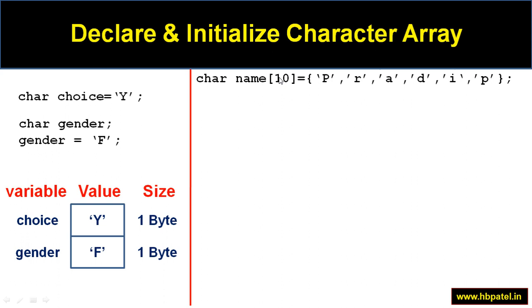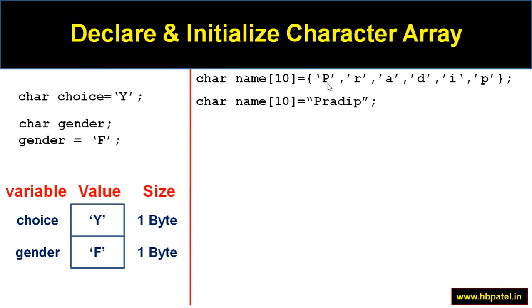And how do I initialize them? Supposing we have Pradeep as a name. Pradeep contains 6 characters: P, R, A, D, I, P. So the 0th element name[0] is P, name[1] is R, name[2] is A, then D, I, P. This can even be written as char name[10] = "Pradeep".